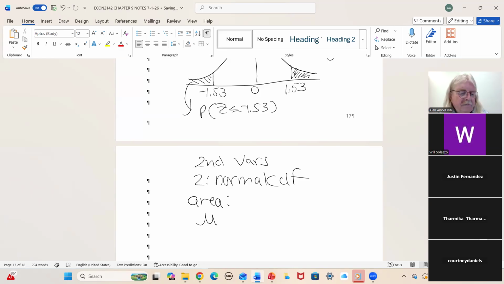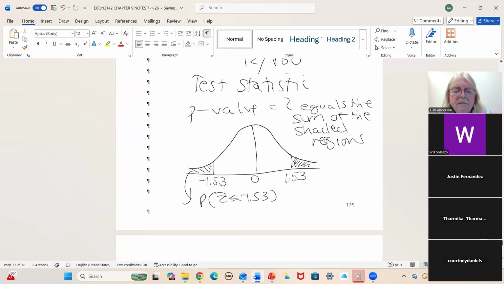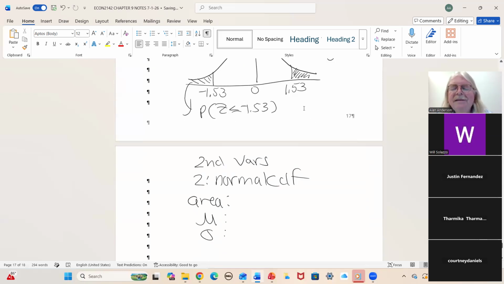So we'll have the area, mean and the standard deviation. Oh, wait a minute. No, sorry. I hit the wrong button.